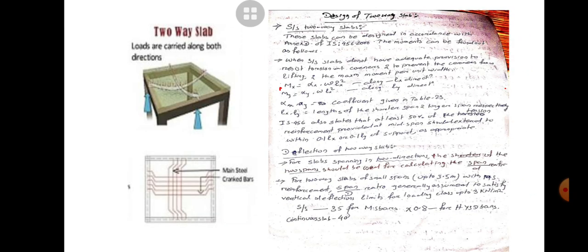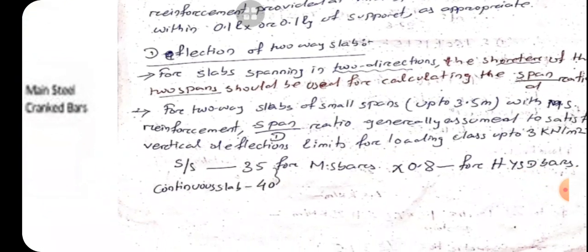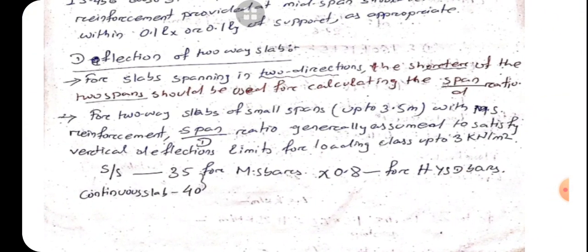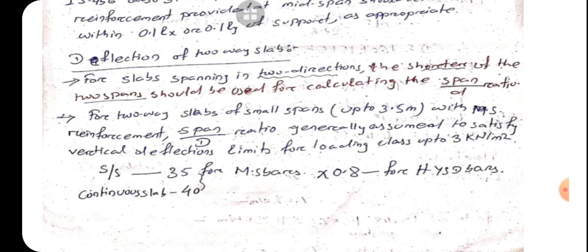Now coming to the next criteria. What is the next criteria? Deflection limit. In case of restrained slab, the span is limited to 3.5 meter, and the span by d ratio with respect to the loading class is up to 3 kN per meter square: for simple supported slab 35 and for continuous slab 40.